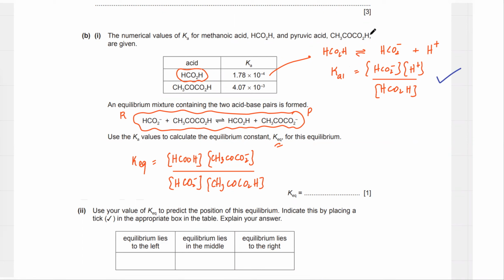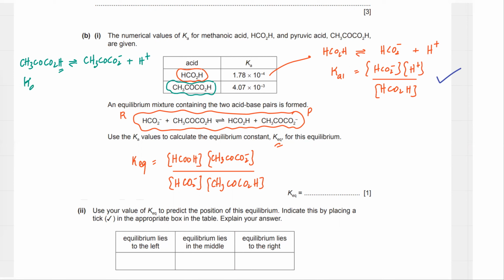Yes. Then you've got this other acid, CH3COCO2H. Its dissociation is similar: the H is lost, so it becomes CH3COCO2 minus 1 and H plus 1 is released.